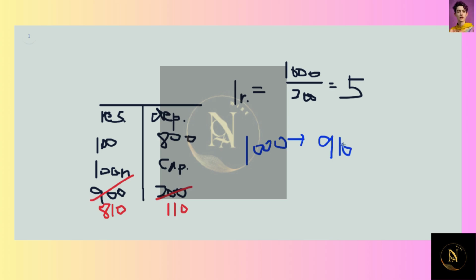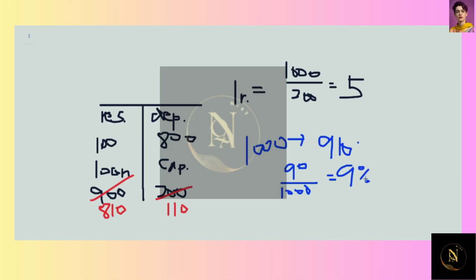So the change is 90 out of 1,000, which is 9%. So 9% of change in assets.